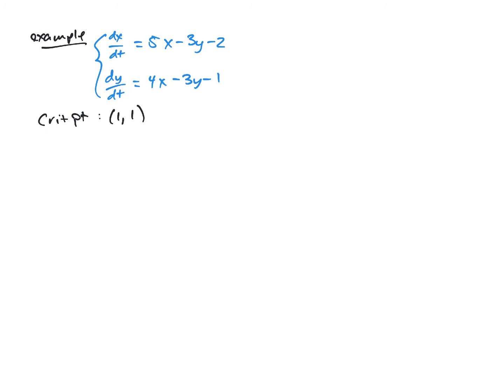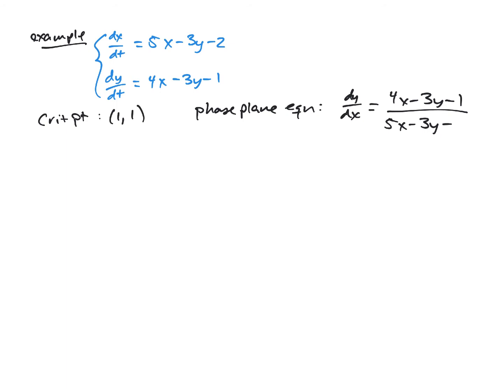And of course, our phase plane equation is just dy/dt over dx/dt, so that's dy/dx equals 4x minus 3y minus 1 over 5x minus 3y minus 2.